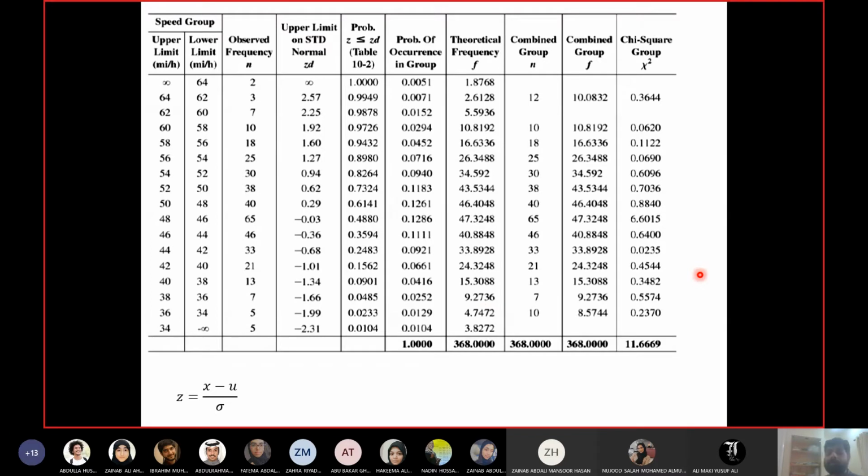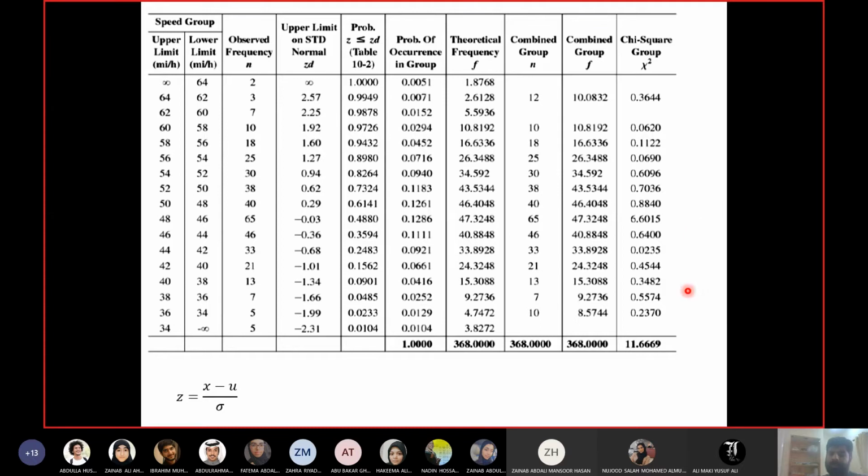In some cases, you may not merge anything. Maybe all the F values are directly more than 5, so no merging is required. Merging is not mandatory, it depends upon the F values. So I have 14 speed groups, so degrees of freedom will be 14 minus 3, which is 11.